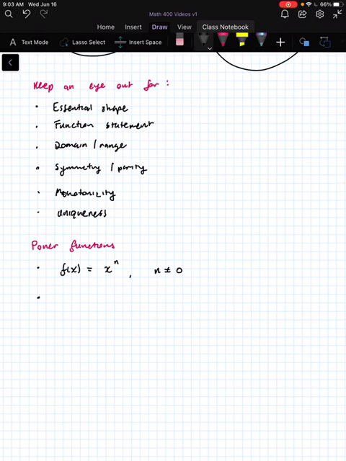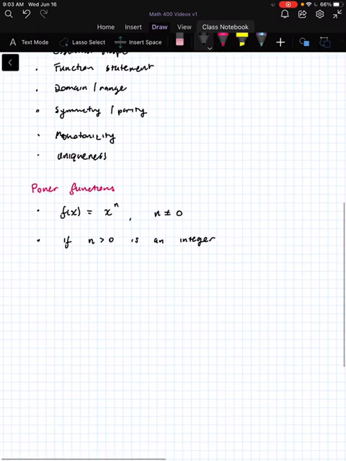So we have a few different cases. For instance, if we have a positive integer, remember that integer means it's a counting number, so whole numbers, discrete.